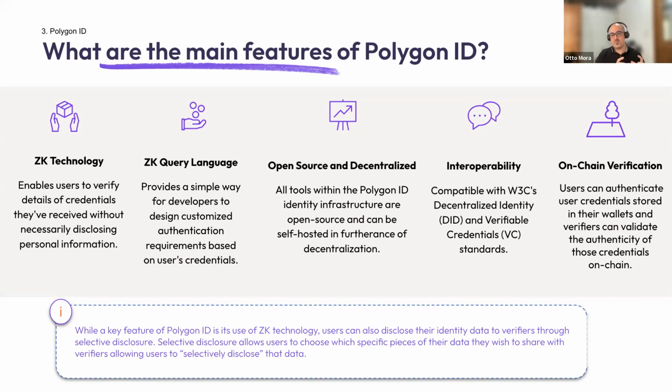Another interesting feature I think that's very innovative is this ability to do on-chain verification, right? So the proofs that you present to verifiers, they could be verified by the verifier directly off-chain, or they could be verified on-chain and then trigger smart contract actions, right? So you present that proof to, let's say, some smart contract, some DeFi protocol, and then some action gets triggered based upon that, right? Maybe you get a token airdrop, or you get some other credential or some access to a certain protocol.